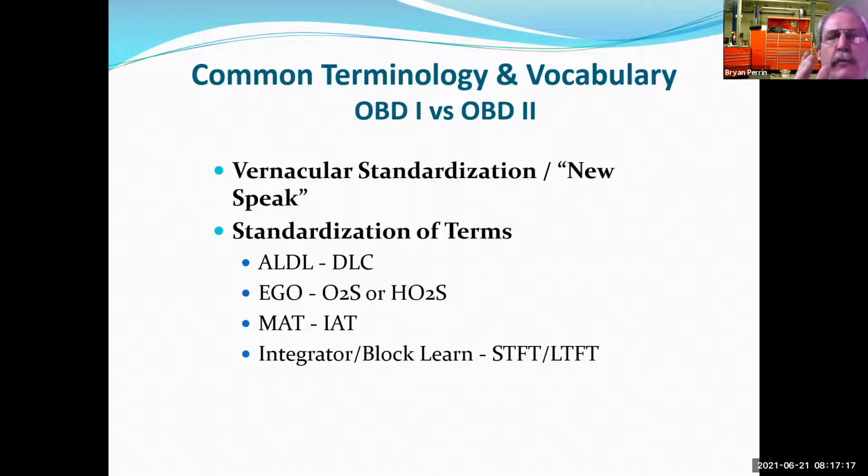25 years ago, many people didn't work on European cars. A lot of people might not work on Asian cars, or if they worked on Asian cars, they might not work on domestic cars because they were very, very different in vernacular and in strategy. What OBD2 did is it really allowed people to access and work on a much greater variety of cars.